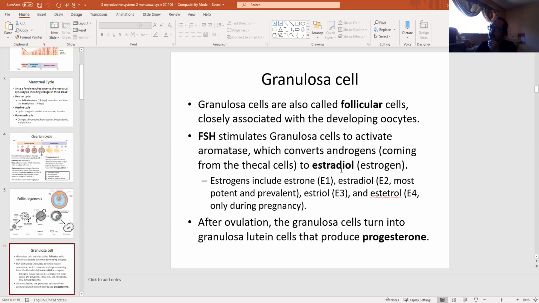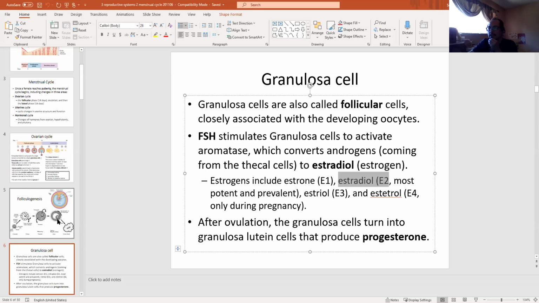Estrogen has several types, E1, E2, E3, E4. Among all these, estradiol, E2, is the most abundant, most prevalent, and the most potent one. Many female sexual characteristics can be triggered by the sex hormone. So that is an important endocrine function of the ovary, basically from these follicles.